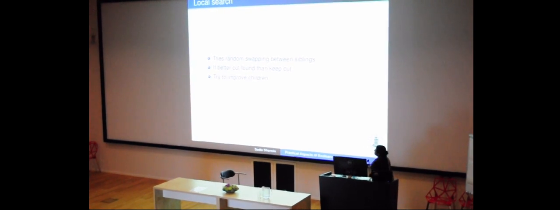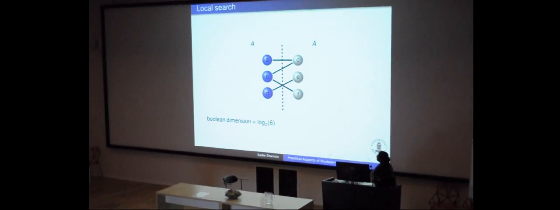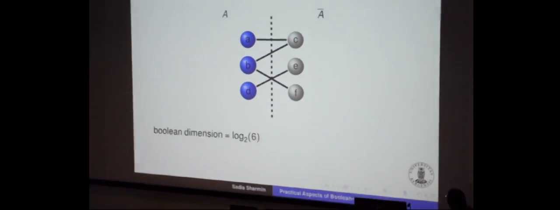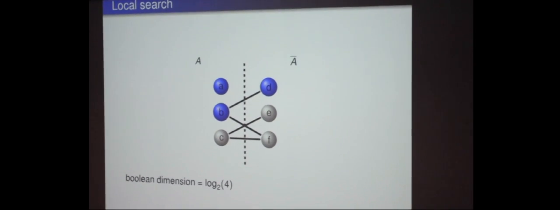So having this approach, two vertices having these edges swapping the cut. This has Boolean dimension. And if we swap this vertex C and D, then this has Boolean dimension, it's not 4, it's 2. So this we tried in siblings and try to find better.